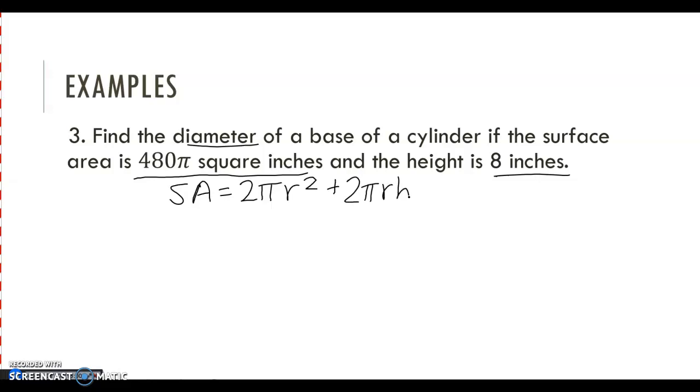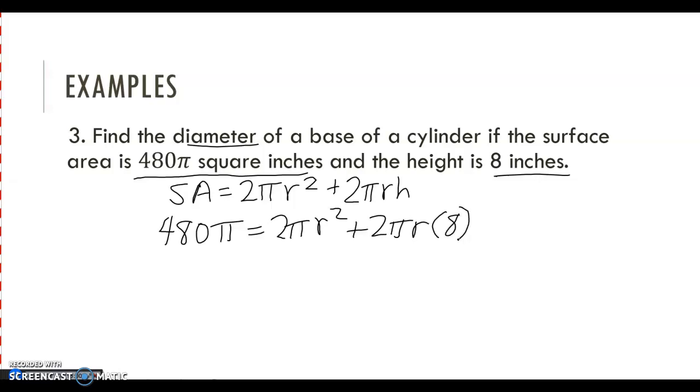I know the surface area, so I'm going to replace that with 480 pi. I don't know the radius, so I'm going to leave that as r squared. That's actually what I'm going to solve for to help me find the diameter. So 2 pi r, and then the height is 8.